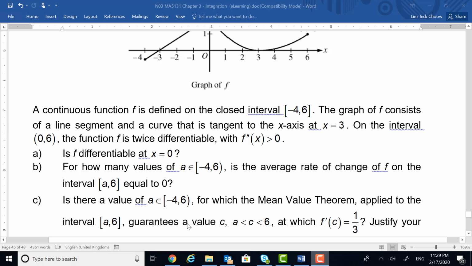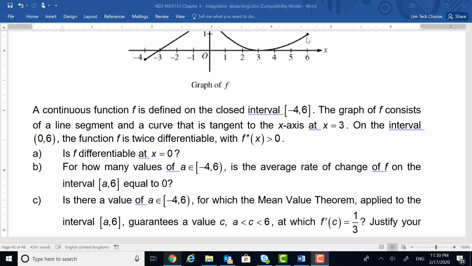In part C, you want an interval that guarantees a gradient of 1/3. Which means to use the mean value theorem, you must be able to find a point x equals a and a point x equals 6, where the gradient of the line joined together is equal to 1/3.